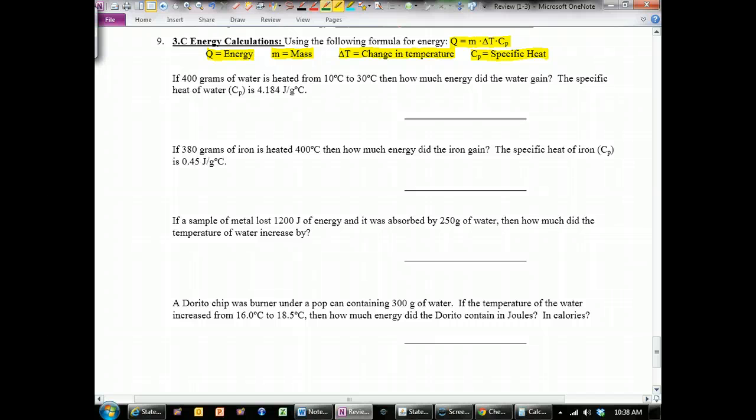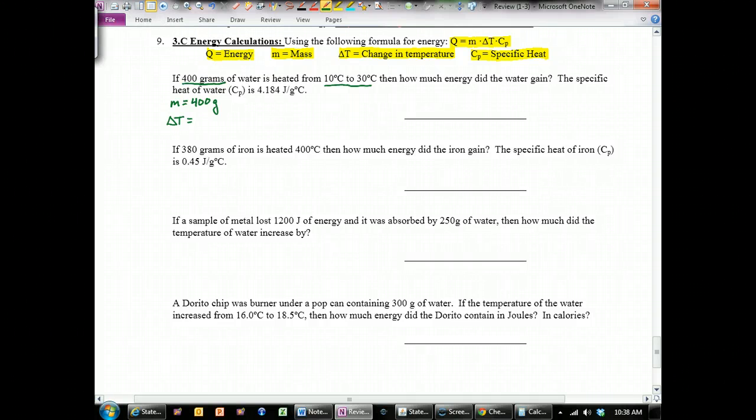So looking at problem number 1, we've got 400 grams. Grams is a measurement of mass, so we know our mass is equal to 400 grams. And then we see that the temperature went from 10 degrees to 30 degrees Celsius. That's our change in temperature.